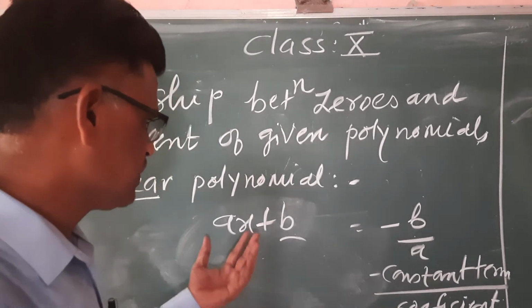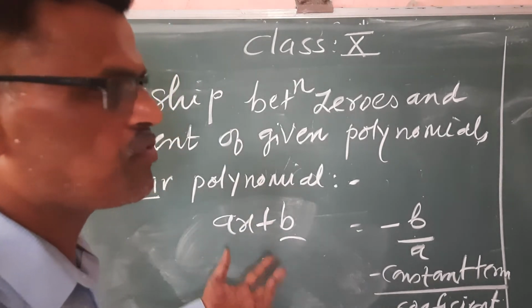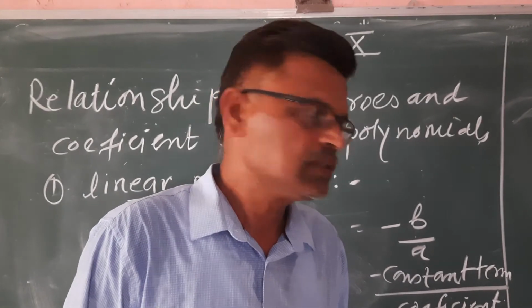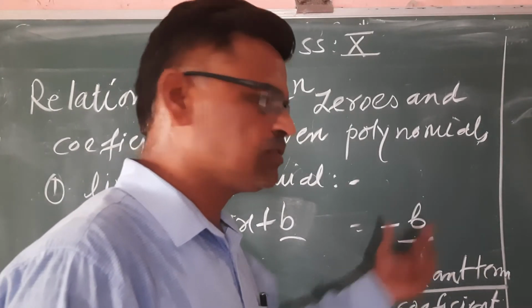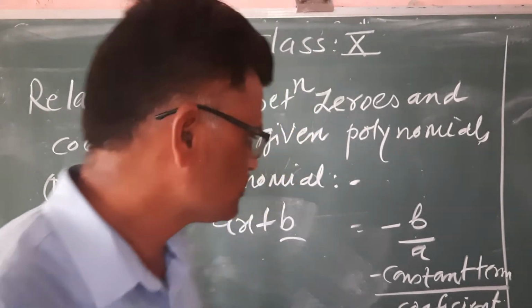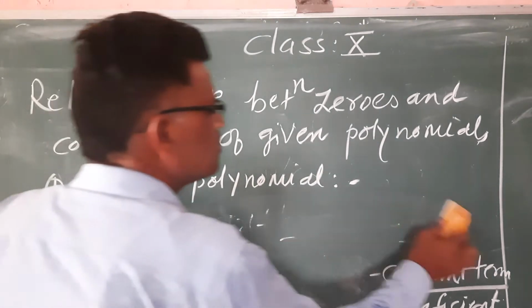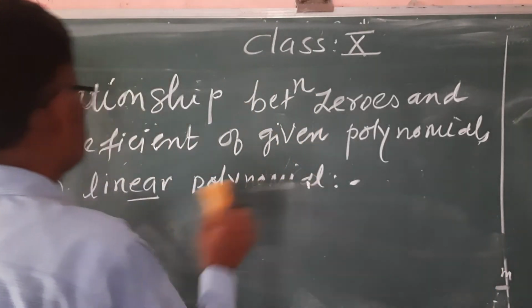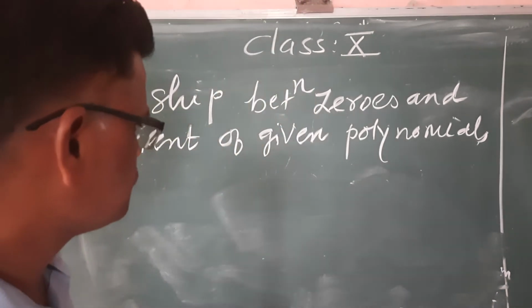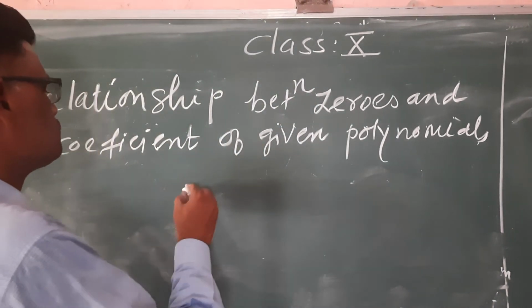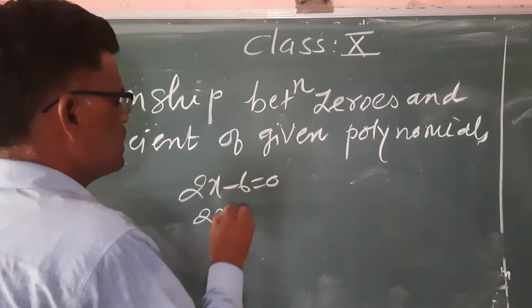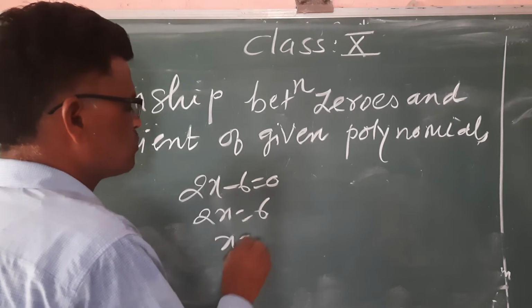See here, the zero of the polynomial is equal to the ratio of the coefficients of the given polynomial. We already know that for 2x minus 6 is equal to 0, 2x is equal to 6 and x is equal to 3.